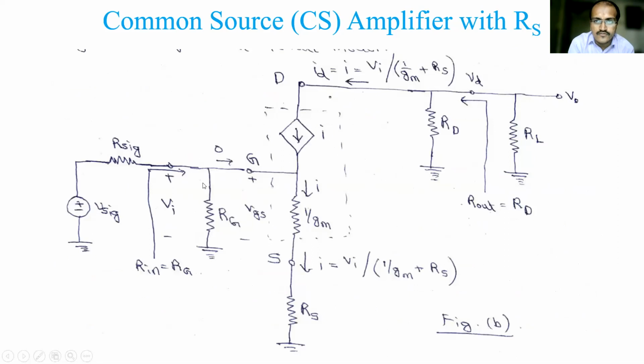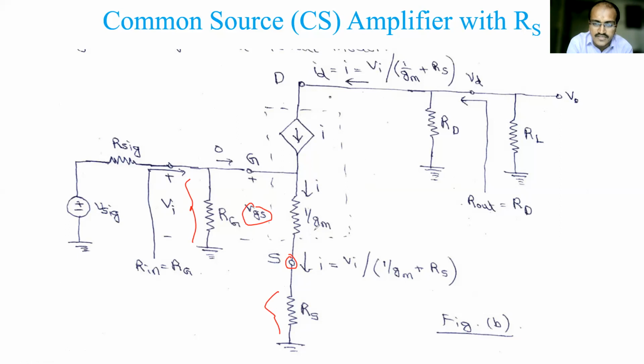See here. In the earlier case there was no source resistance, in the previous problem. Nothing was connected at the source side, this Rs. That's why VGS, the gate to source voltage I have shown here, was equal to Vi in the previous analysis. Now, since there is a source resistance, VGS is just a fraction of Vi, because Vi is measured across 1 by Gm and Rs now.